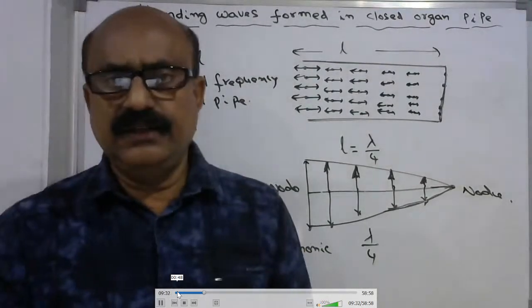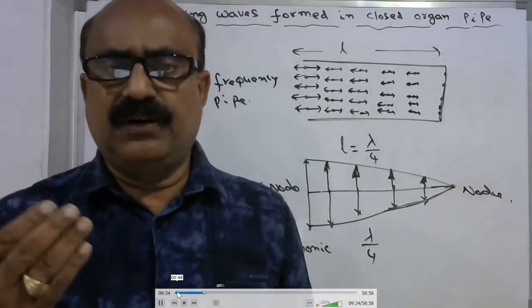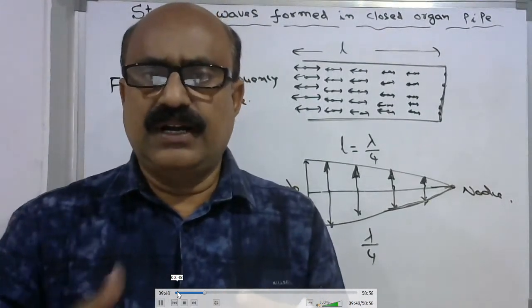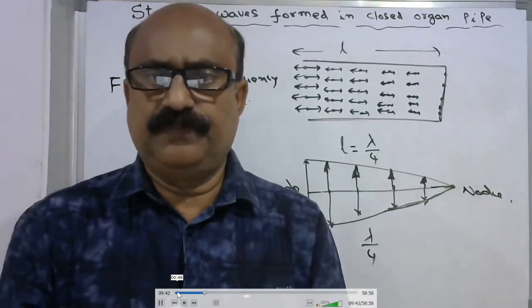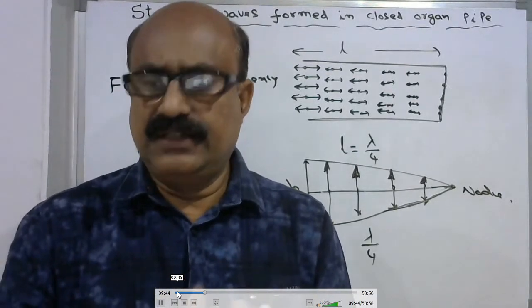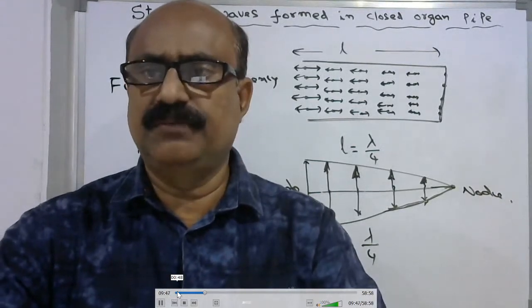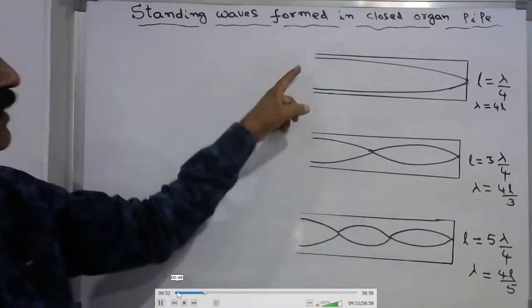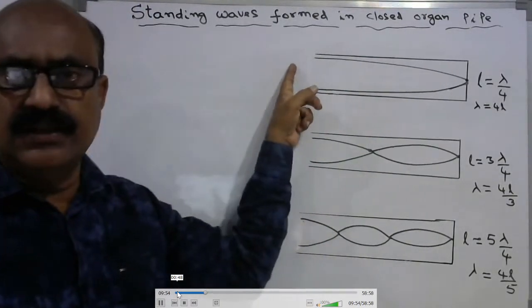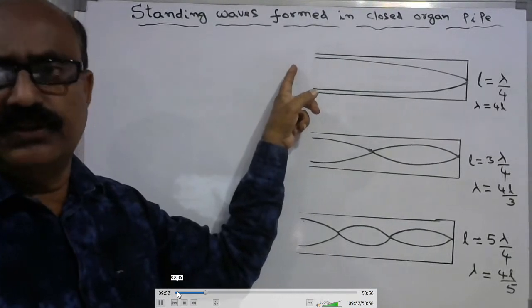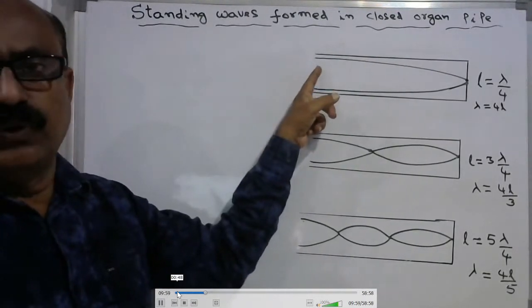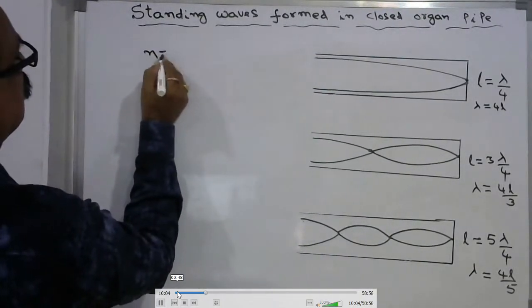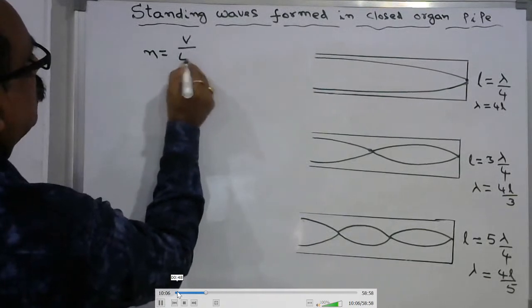Now let us see what will be the next type of vibrations. At the same time, there is a possibility of different notes occurring for the same given length. In the first case, we have already derived the frequency of the fundamental note in a closed organ pipe as n is equal to V by 4L.